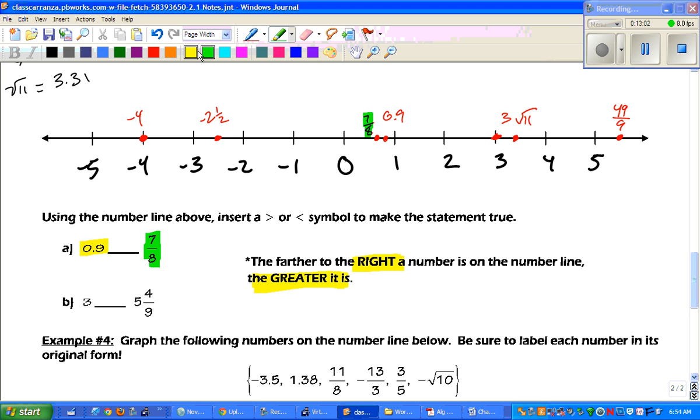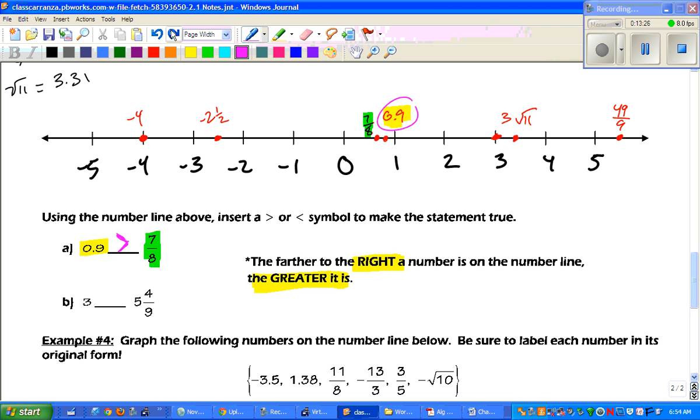Well, there's 7/8, 0.9. Which one's farther to the right? Okay, so that means that 0.9 is the greater. When we draw our little Pac-Man right here, the Pac-Man always eats the bigger number. Okay?